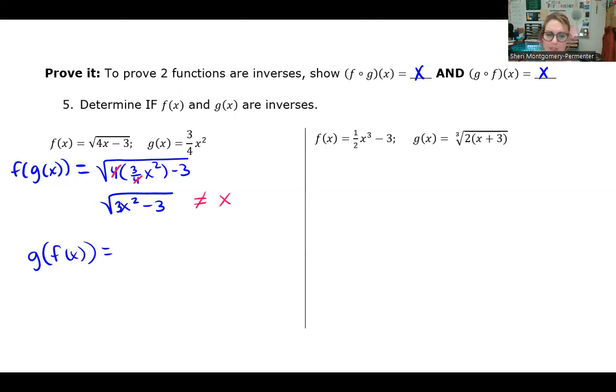So this would be me writing the g function, and where I see the x, I'm going to put in the f function. If I start to simplify that one, I can do some stuff. I see that I'm squaring a square root, so squaring a square root undoes that.